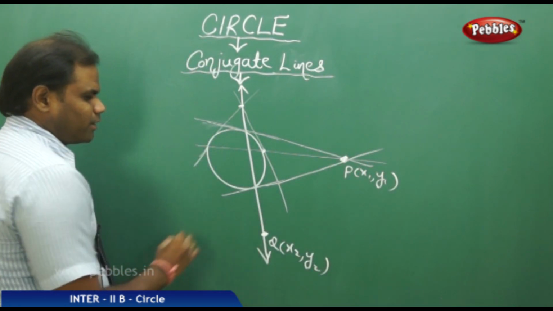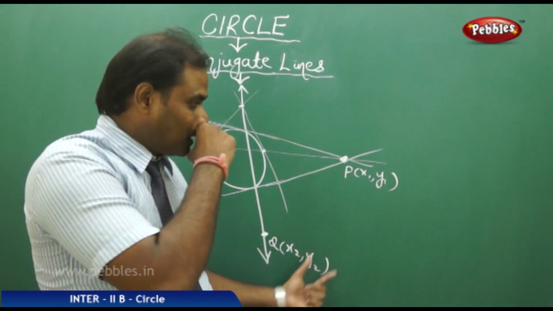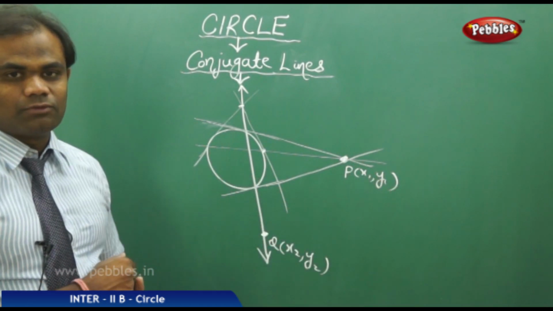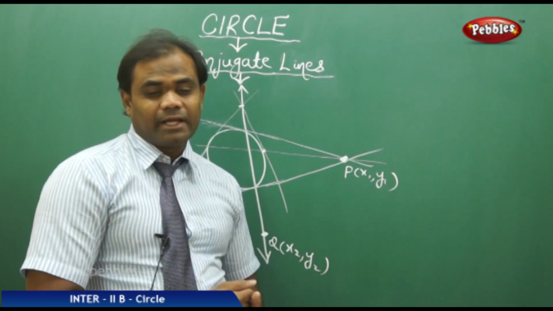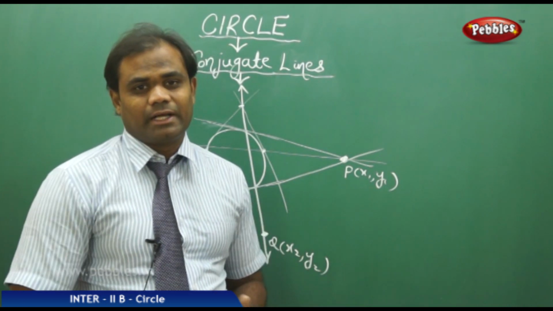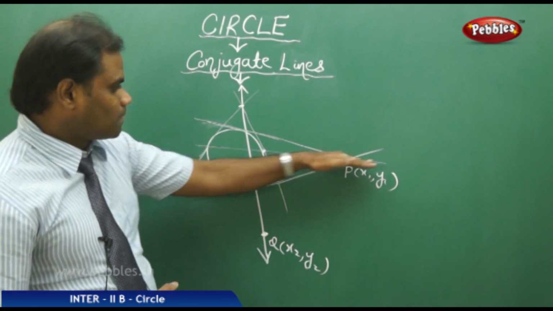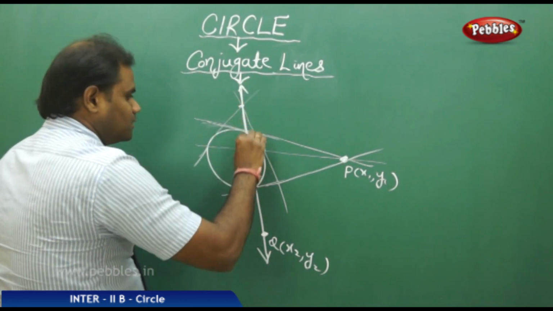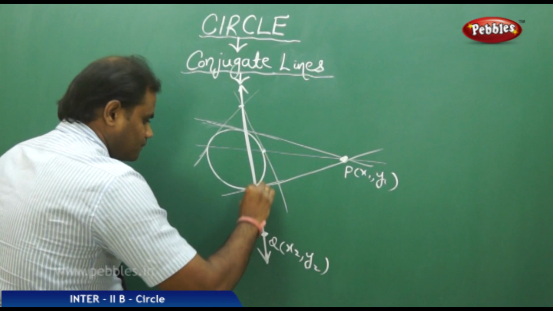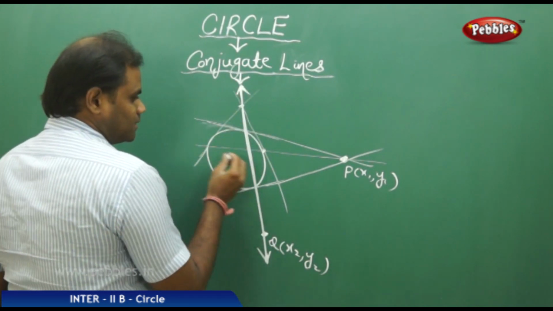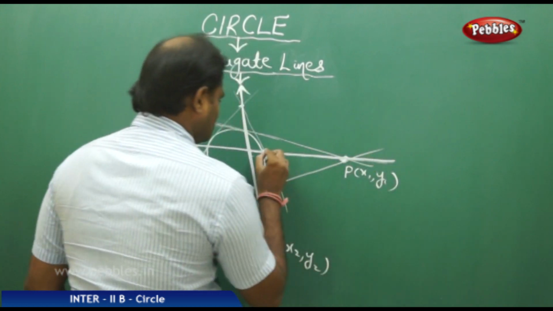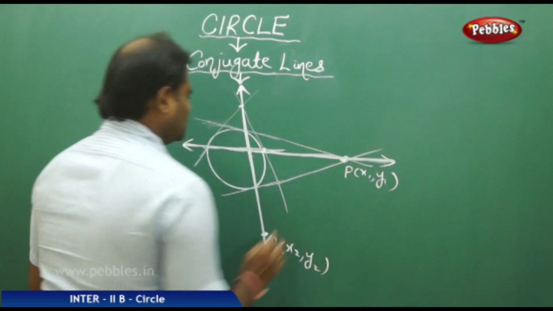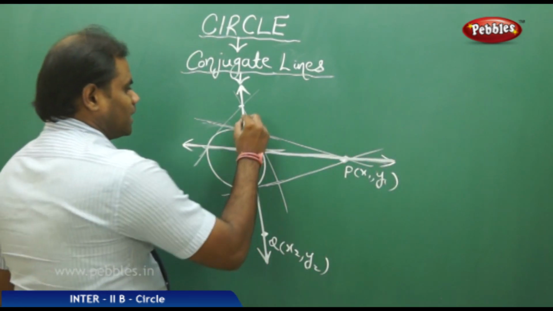So P and Q are the 2 points, that is, they are the conjugate points because Q lies on the polar of P and P lies on the polar of Q. Therefore, these 2 points are conjugate points. And the lines involved in the conjugate points are called conjugate lines. That is, the polar of Q and the polar of P are said to be the conjugate lines. In this case, this and this are said to be the conjugate lines.